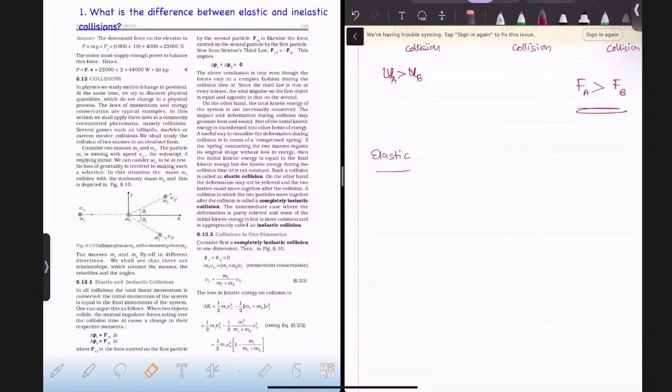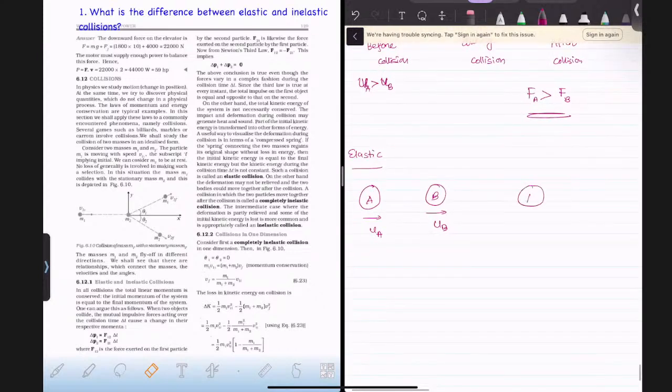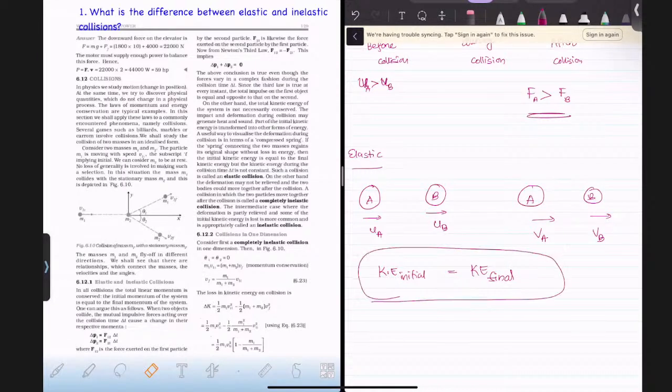First, see, if an object is A and object is B, they were moving with some velocity UA and UB, and after the collision, A is moving with a velocity of VA and B is moving with a velocity VB, and the kinetic energy initial, combined both the bodies A and B, if it is equal to the kinetic energy final, then it will be an elastic collision, guys.